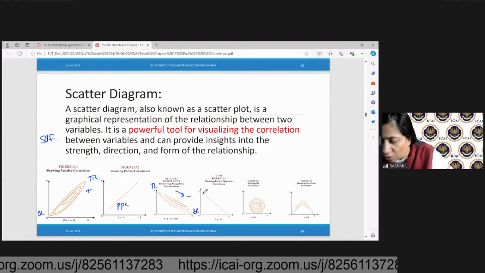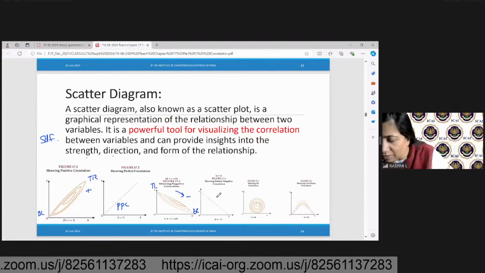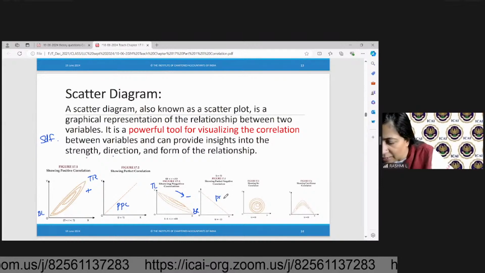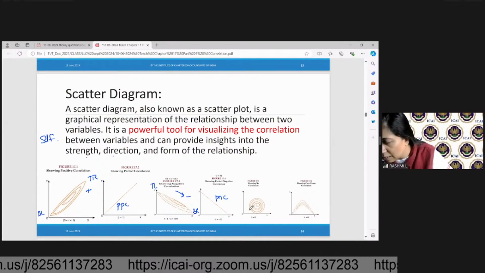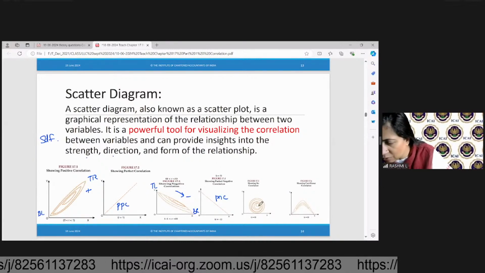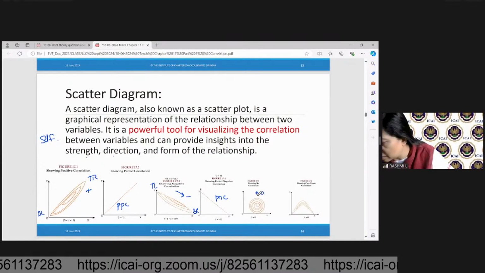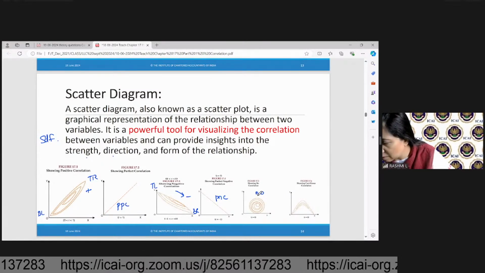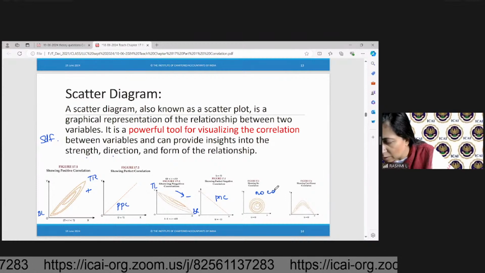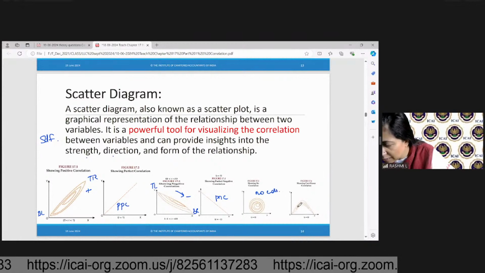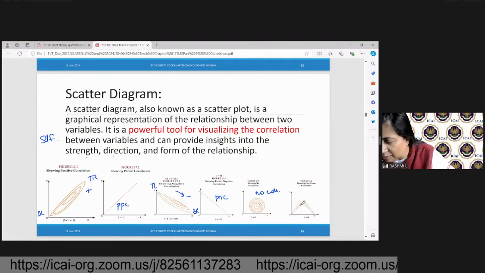And here, all the dots are lying on a straight line, perfectly negative correlation. When there is no particular pattern, there is no correlation. And something like this is curvilinear.